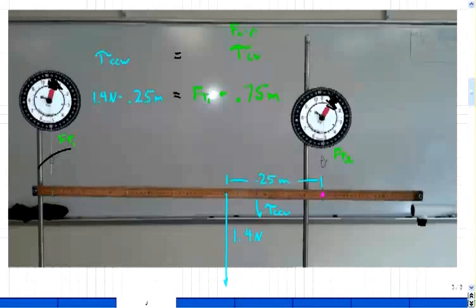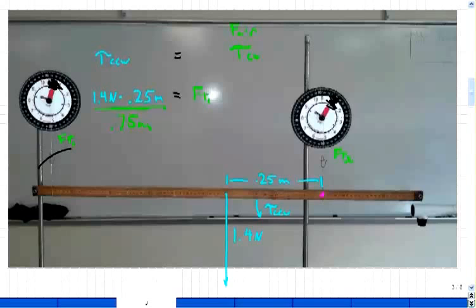So what we can do is figure out the force of tension that's reading on that particular scale by dividing through by the 0.75 meters. Cancels out on this side, and we'll be left with FT1. So, what is 1.4 times 0.25 divided by 0.75 anyway?